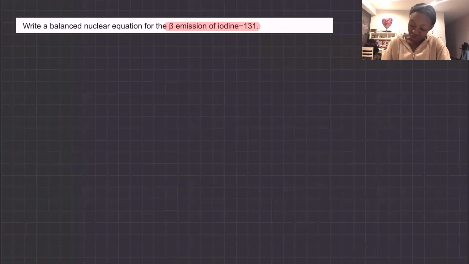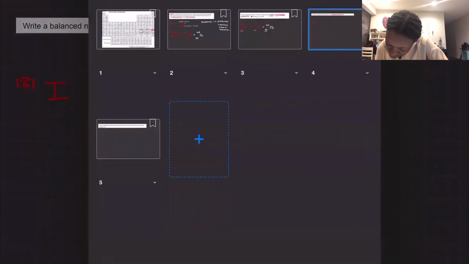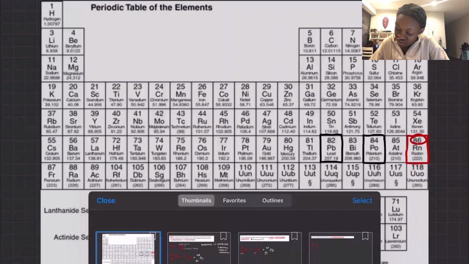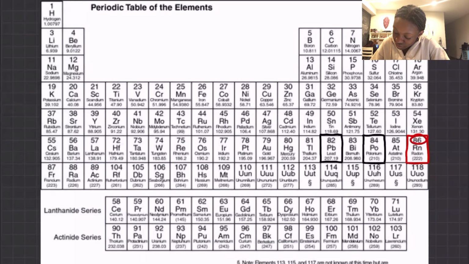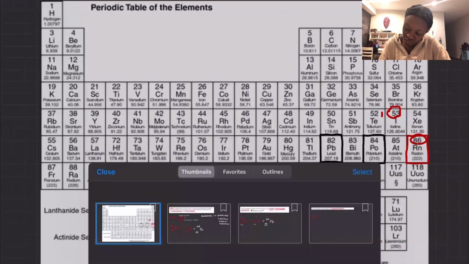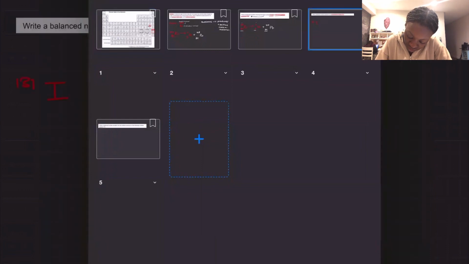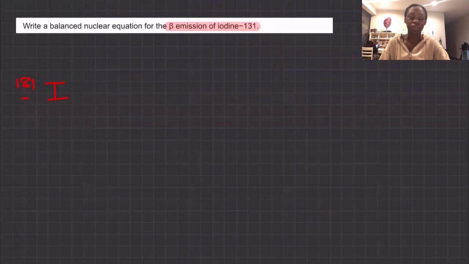So iodine-131, we know that that means that iodine has a mass number of 131. Just a quick glance at the periodic table to refresh my memory. Iodine has an atomic number of 53. Right there, 53. So we put a 53 as the atomic number.